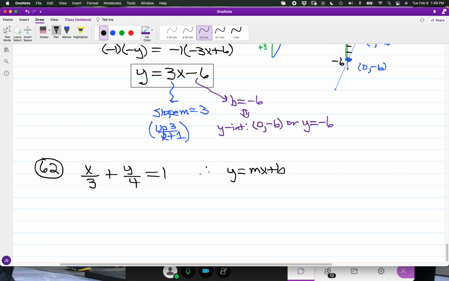I want to get rid of the fractions, so I can multiply everything out by the least common denominator. In this case, the smallest number that both 3 and 4 will go into is 12.